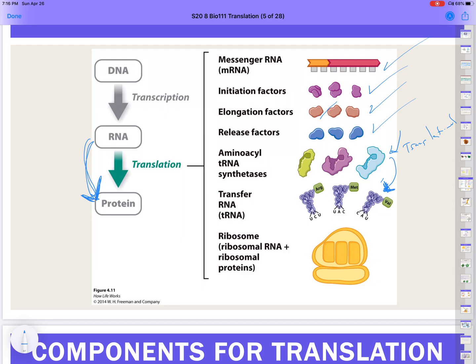And note with the tRNAs, there's this RNA that has a sequence that is complementary to the mRNA codon, and it has a region that picks up the amino acid. So this is the thing that does the translation, right?